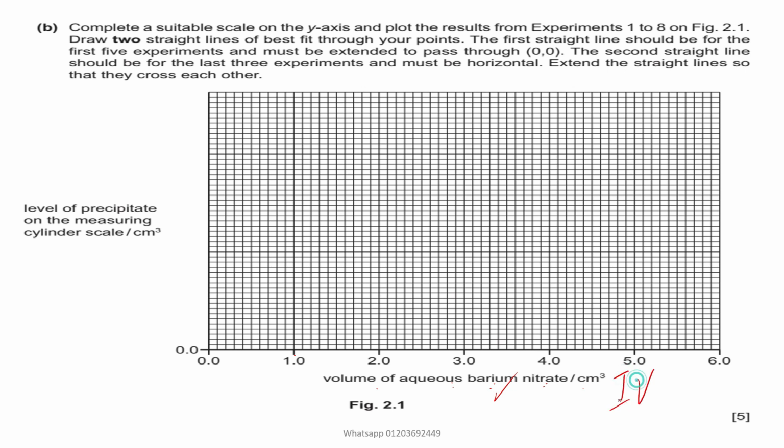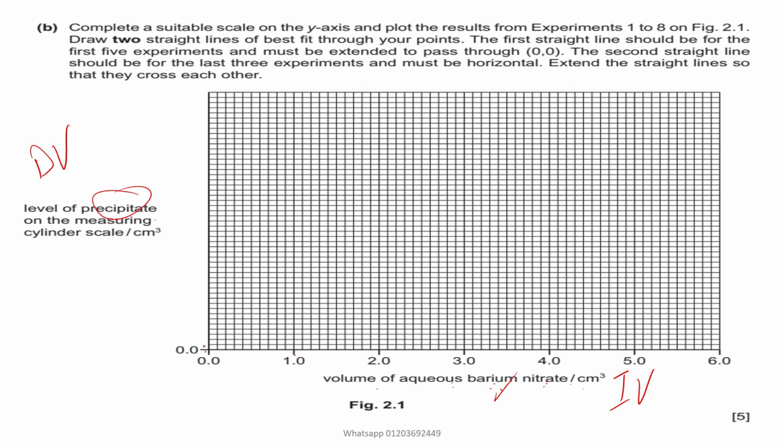The independent variable must be plotted on the x-axis. What about the volume or the level of precipitate? It depends on the amount taken from barium nitrate in each experiment, so it is considered the dependent variable, which must be plotted on the y-axis.